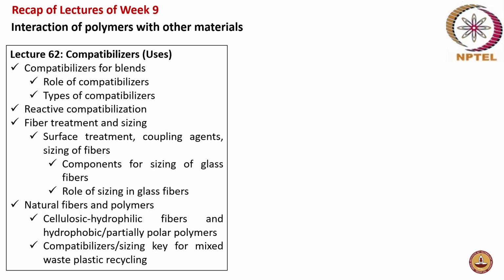For example, there can be physical treatments, like a change in surface roughness through plasma treatment, or chemical treatments, like use of silane, isocyanate, graft polymers, or alkali treatment, in order to have a better interaction between the cellulosic hydrophilic fibers and hydrophobic polymers.